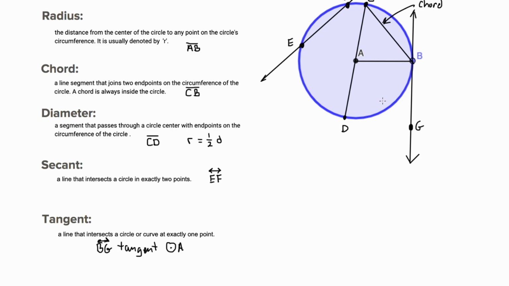Now there's a special property of tangents, and that is a tangent to a circle is going to be perpendicular to the radius. So tangent lines are perpendicular to the radius.